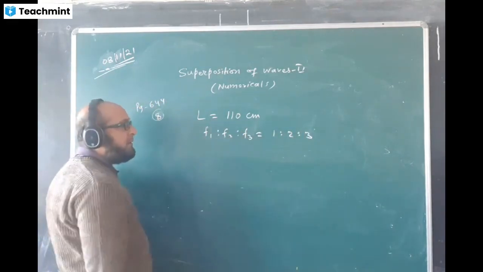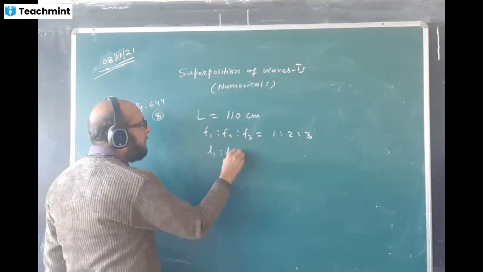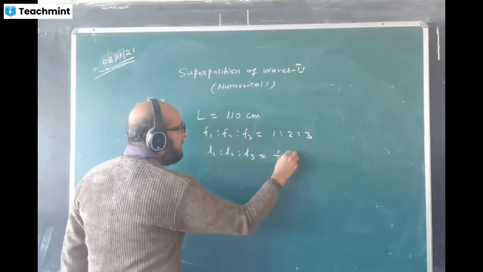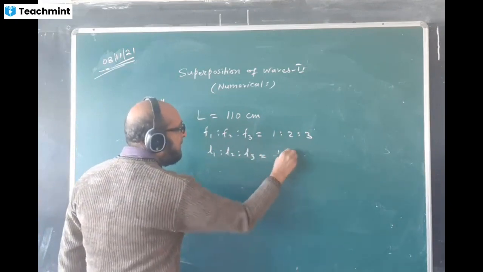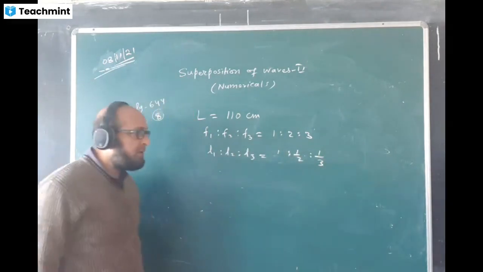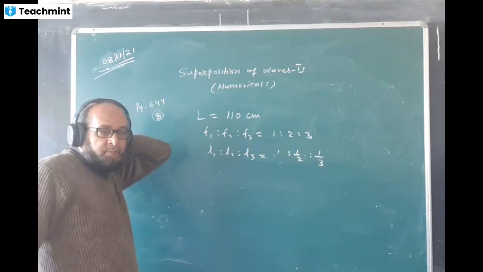Total length is 110. So we'll do the reciprocal. I mean, I made a mistake here. L1 to L2 to L3 ratio will come reciprocal of this, that is 1:1/2:1/3, like this. Reciprocal, inversely proportional ratio.